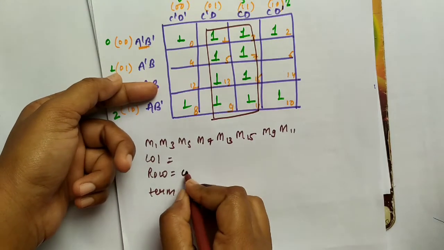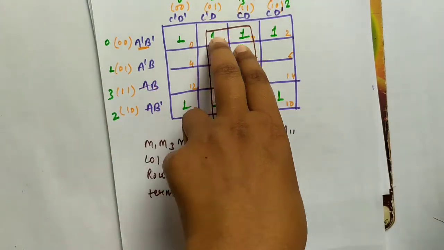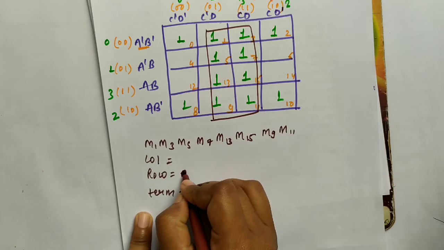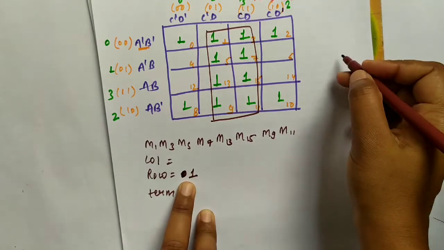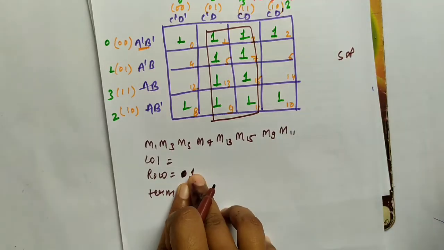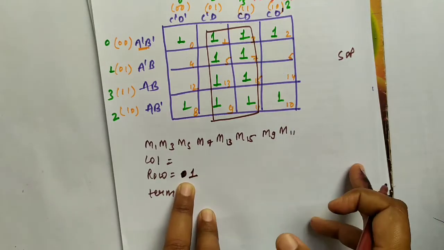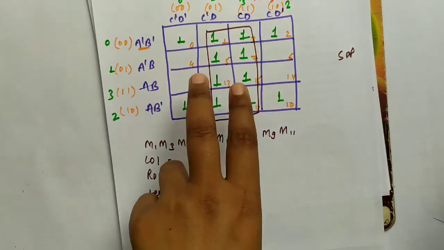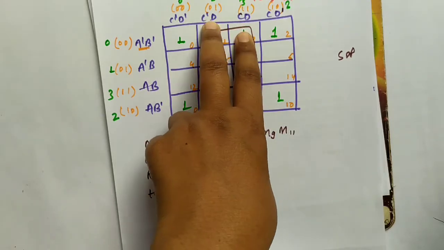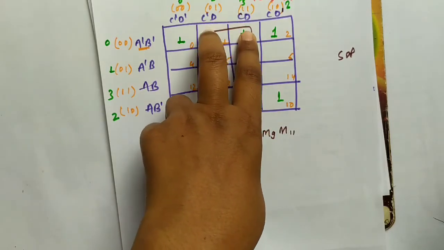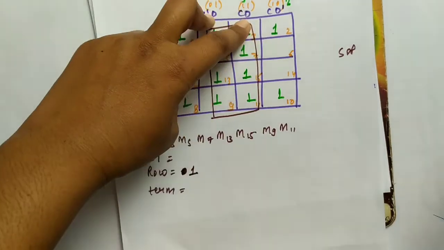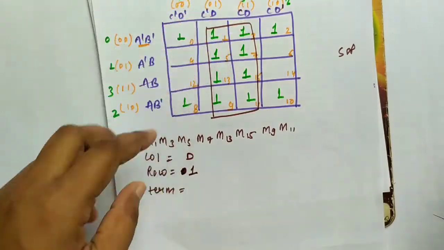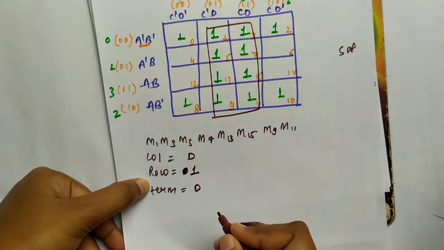So in the place of row we write 0. Nothing is common, that means 1, because it is a form of SOP. So we write 1 here. When we write using POS, then we write 0. For the column, there are 2 columns, C'D and CD. In both columns one value is common, that is D. So in the place of column we write only D. So the term is D.